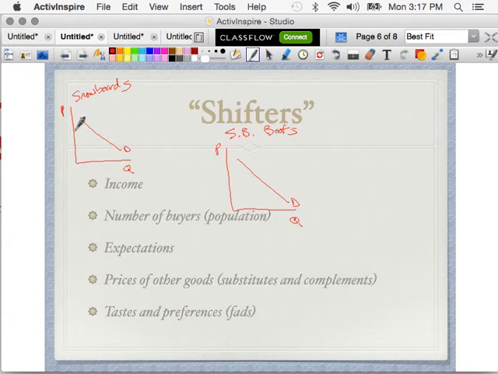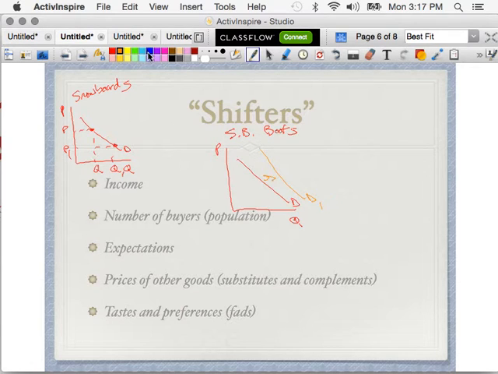If you lower the price of snowboards from P to P1, the quantity demanded of snowboards will increase. And when people are buying a higher quantity of snowboards, they need boots. Did the price of boots change? No, but the demand would go up.